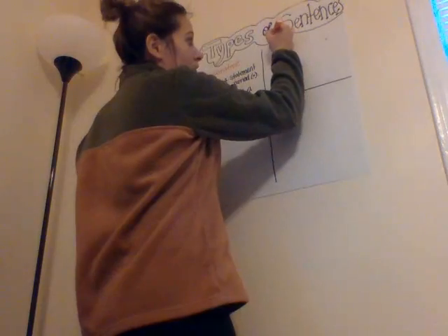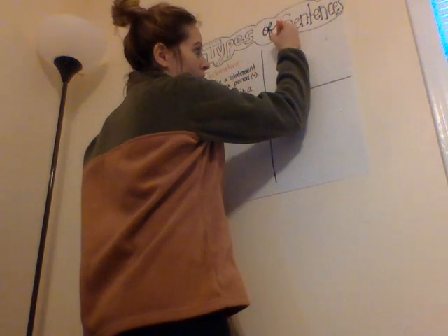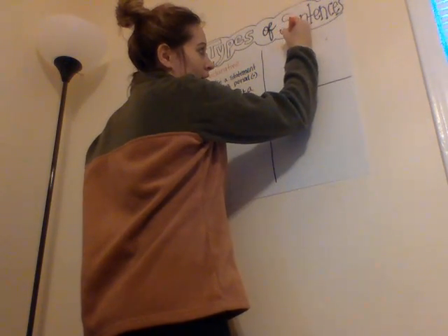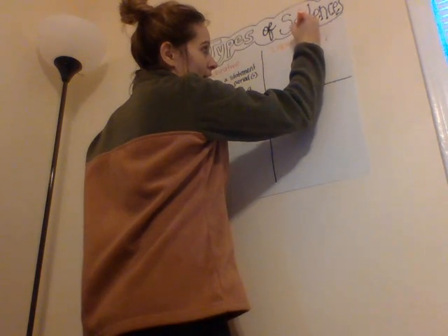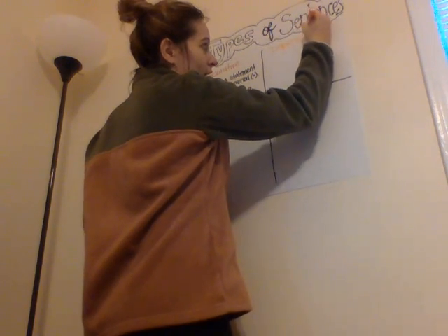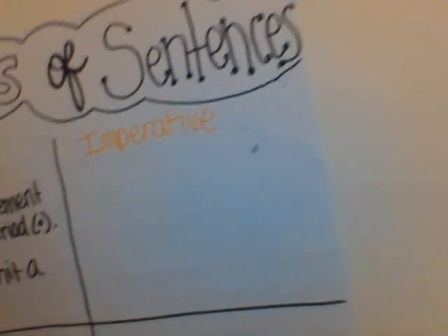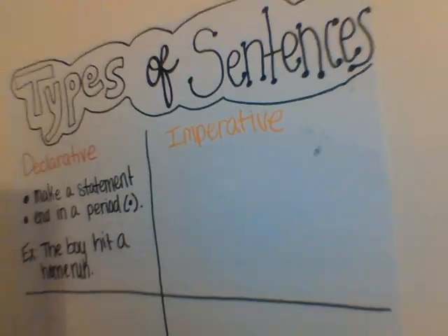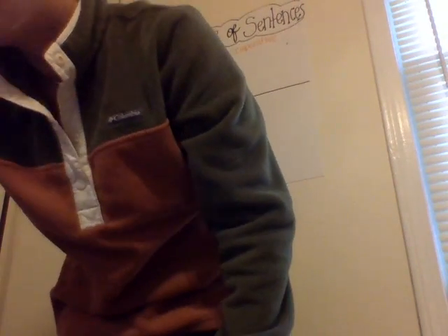All right, so it's going to be spelled I-M-P-E-R-A-T-I-V-E. Imperative. Okay, I'll hold that up so you can see. I think that's how you spell it. I'll go back and look in just a minute. It might be 2 R's in there, but I think it's just 1.